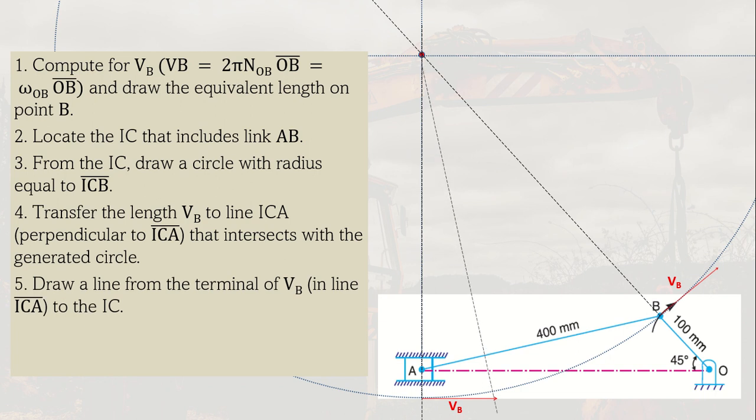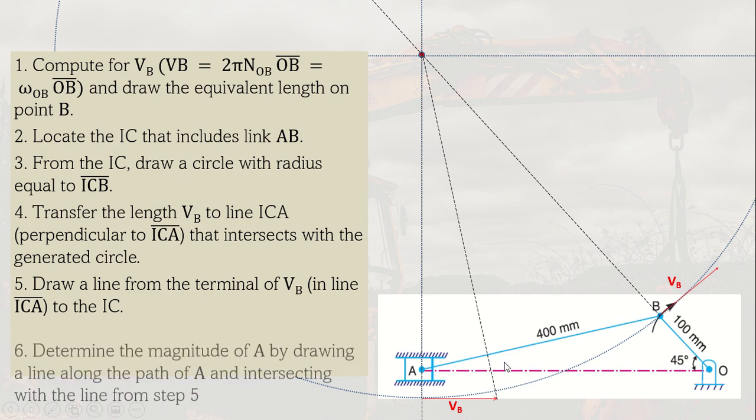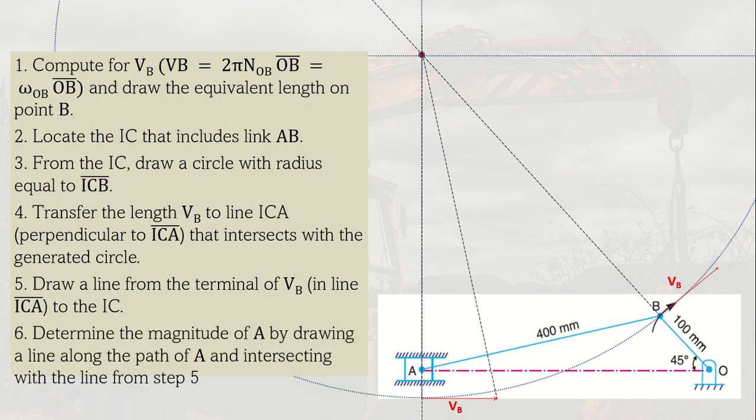So this is the line, it will intersect the terminal of VB. And then, since we know that the direction of A is in this horizontal line, we determine the magnitude of A by drawing a line along the path of A and intersecting with the line from the step B. So this is now the velocity of A, which is the same result that we got previously.